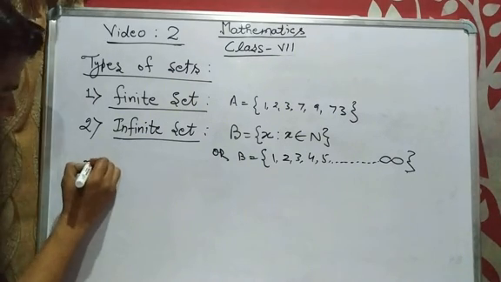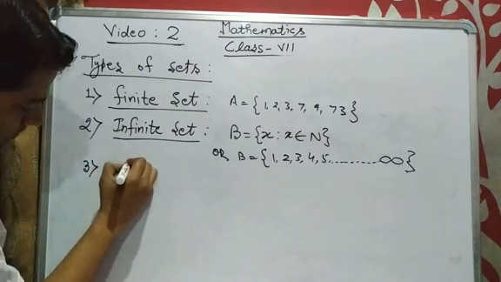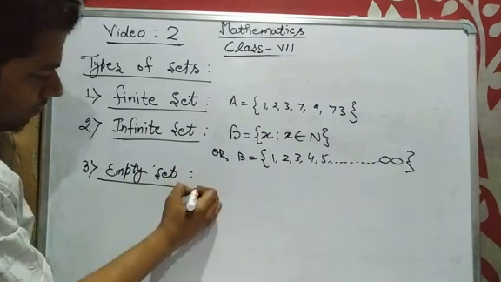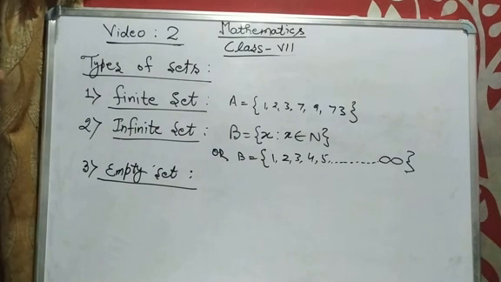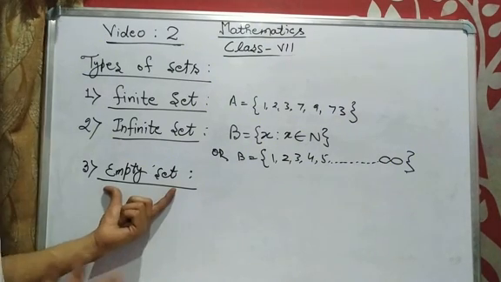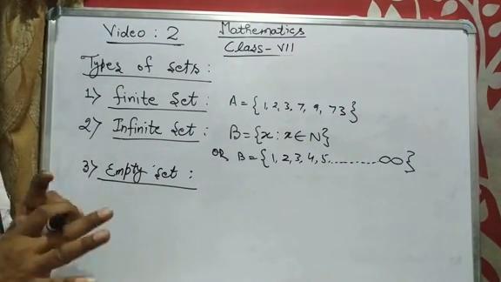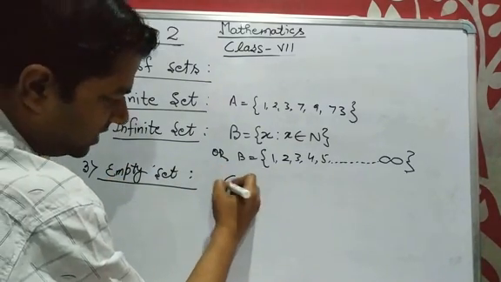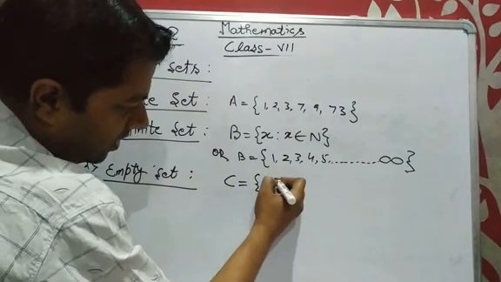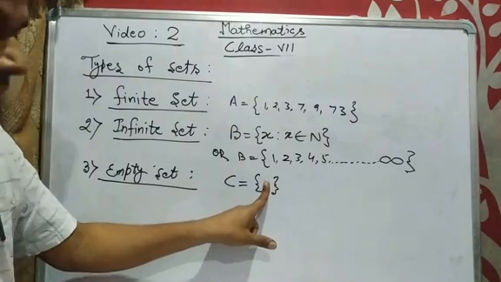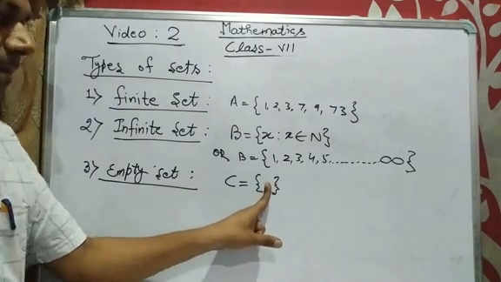Third type, empty set. As the name specifies, empty set means empty, no element at all. Let us take an example of a set C. C is equal to no element, there is no element, empty set.